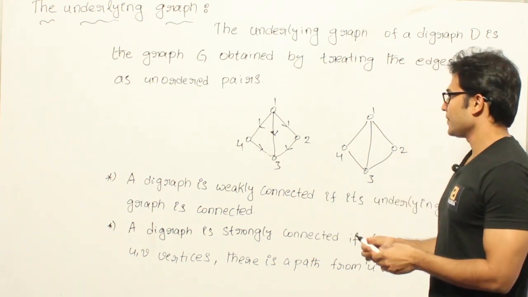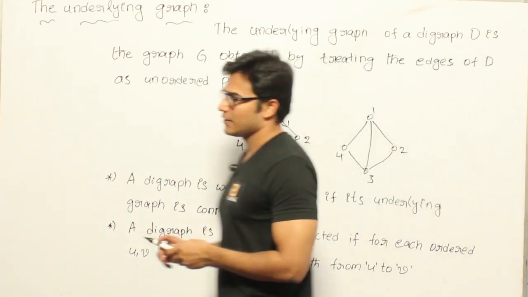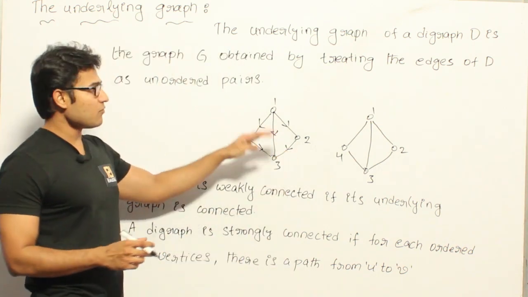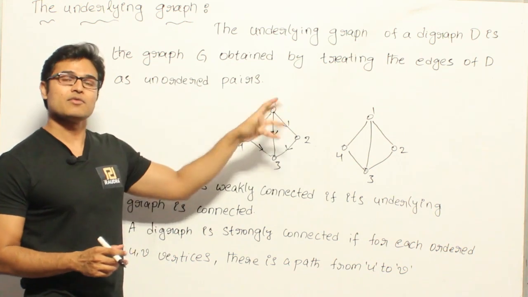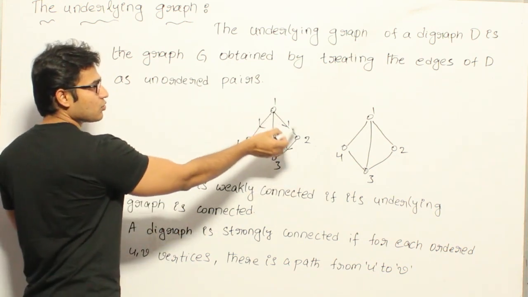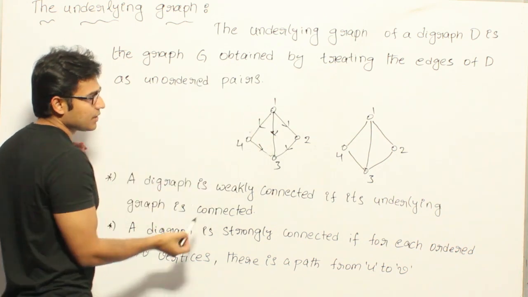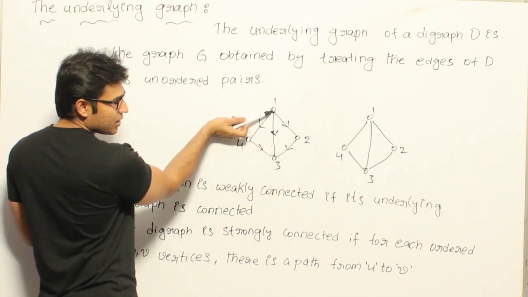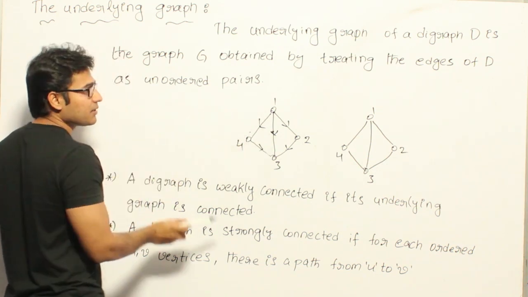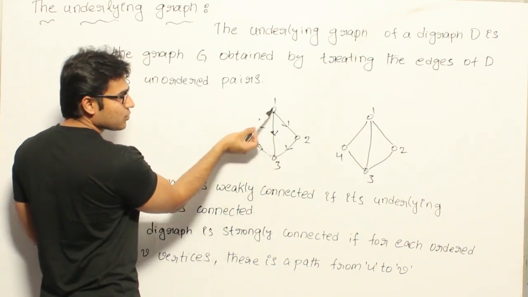So for example, if you want to see that this one is connected, there should be a directed path from one vertex to the other for every pair of vertices, right? Which means there should be a directed path from 1 to 2, 1 to 3, 1 to 4, right? So in this case you can see that there is a directed path from 1 to 2, 1 to 3, 1 to 4. But then there is no directed path from 2 to 1.